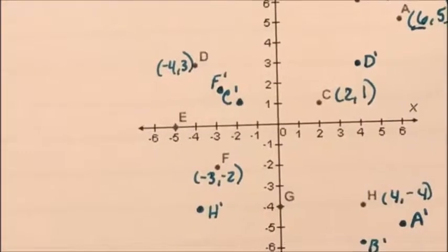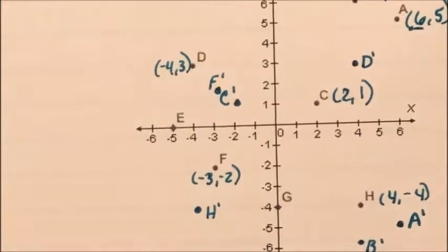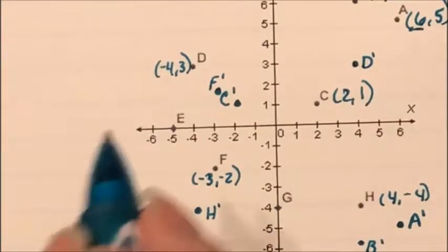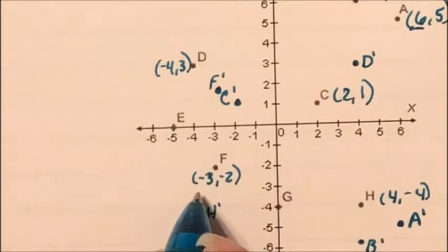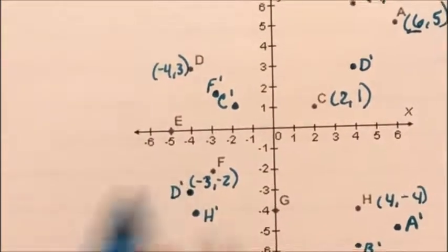I'm going across the x-axis, so my x value stays the same. My y value changes. So I get -4, -3. So that's D prime.